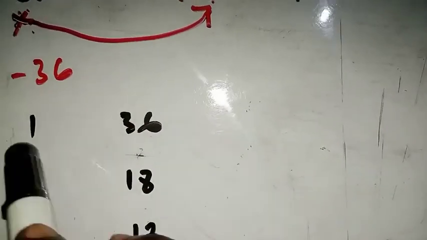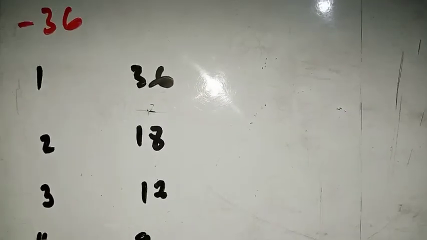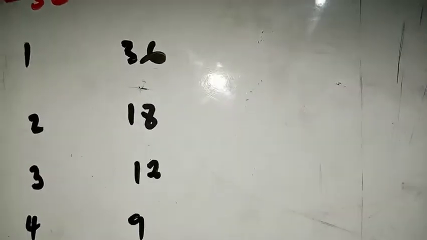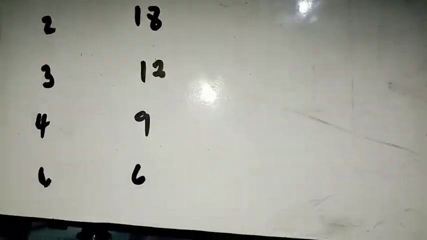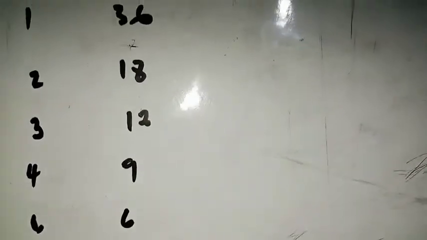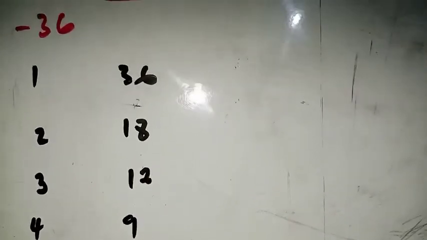So 1 multiplied by 36 gives you 36. 2 multiplied by 18 is 36. 3 multiplied by 12 is 36. 4 multiplied by 9 is 36. And 6 multiplied by 6 is 36. Is that okay? These are the numbers that, if you multiply, you get 36.